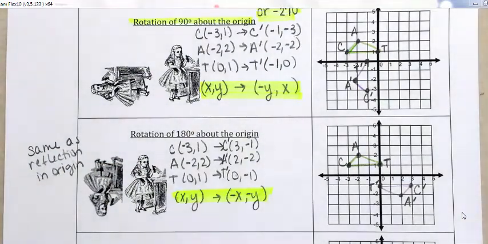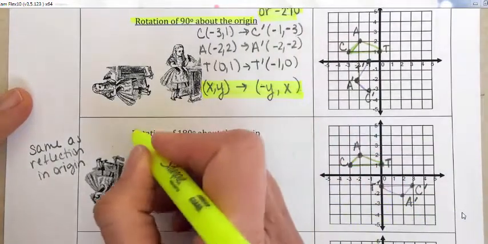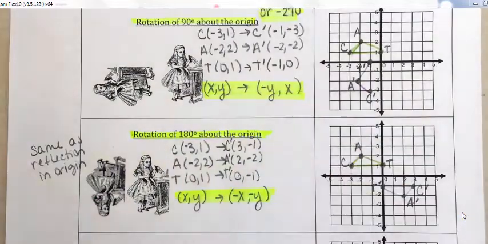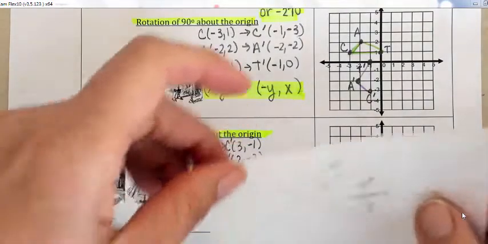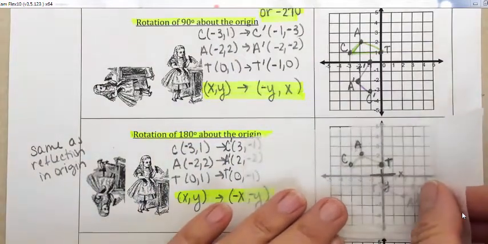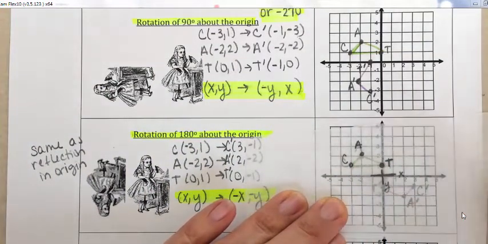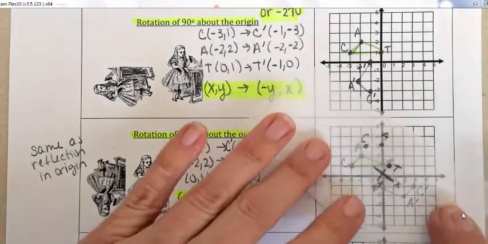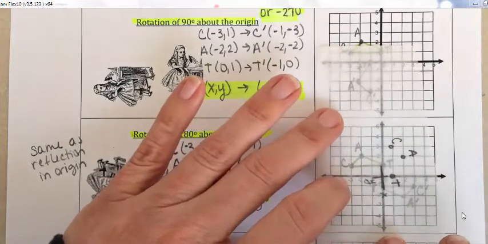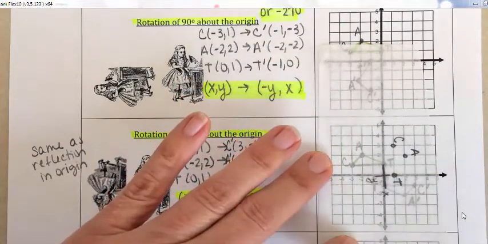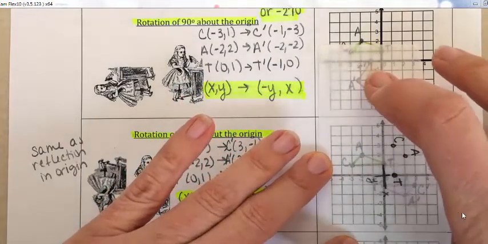Okay, now, rotation of 180 degrees about the origin. That was counterclockwise. So what would it be if we went clockwise? So let's line it back up. And let's try and get this triangle over on top of this triangle going clockwise and see how many degrees I go. So putting the positive x-axis on the negative y-axis, that's 90 degrees clockwise.